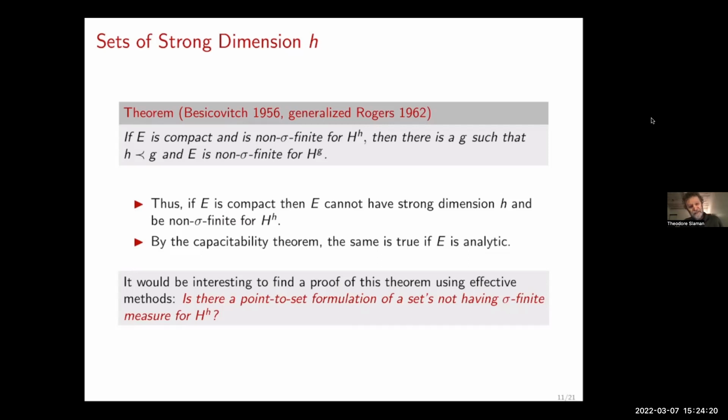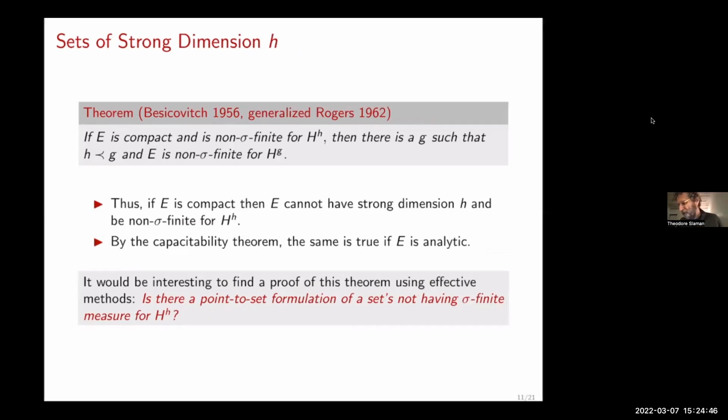So there's a nice problem here. Is there a point to set formulation for sets not having sigma finite measure? So can we algorithmically capture this property? I don't know how to do that. We can take a look at that again after we see a little bit more.